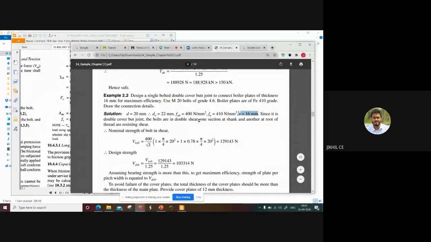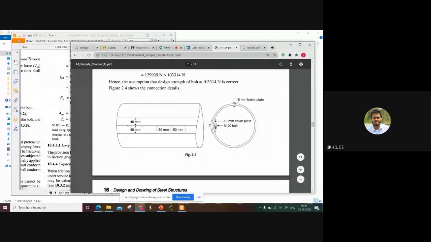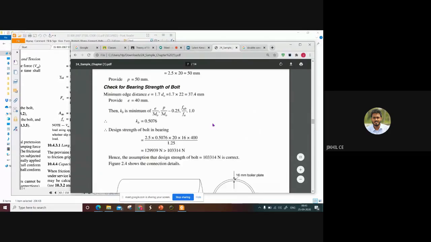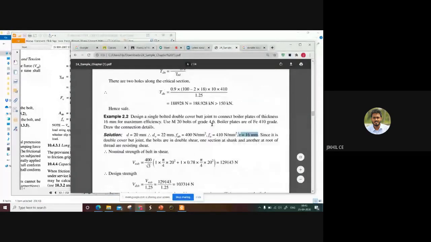Very important thing here, the bolt is in double shear because the bolt can shear at this point, the interior point as well as on the exterior point. One section at the shank. Okay, so we are assuming that one of the shear planes will be at the shank and another at the root of thread.